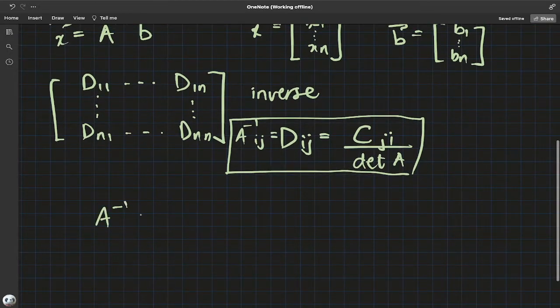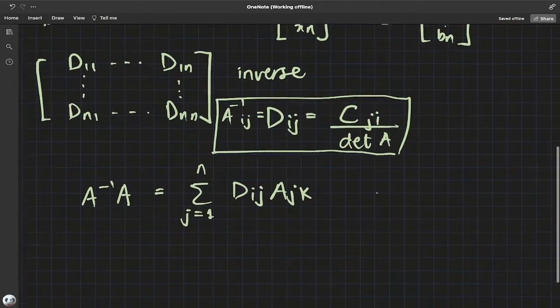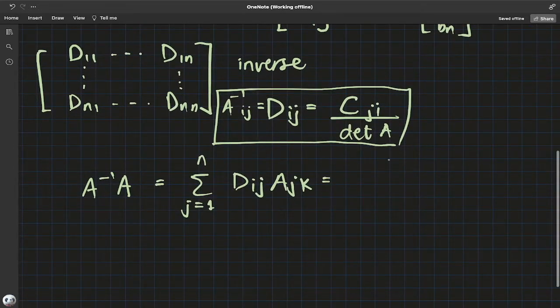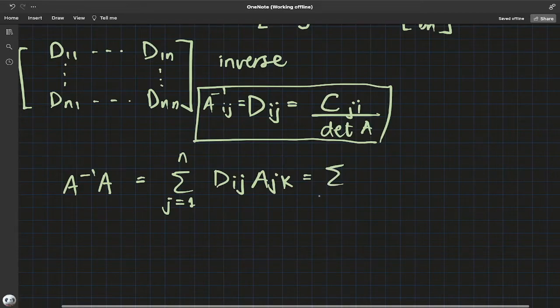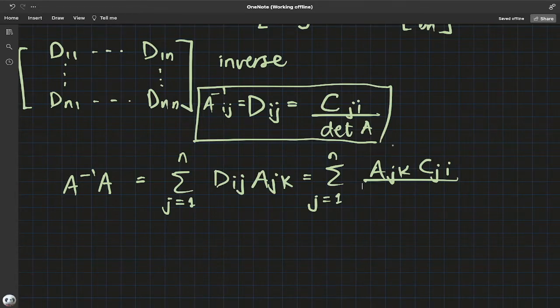Let's say A inverse A, if you want to write that out, is sum j equals 1 to n d sub ij a sub jk, and then sum j equals 1 to n a sub jk c sub ji. We can switch them around, they're just elements or numbers, so the order doesn't matter here, it mattered for the matrix multiplication.